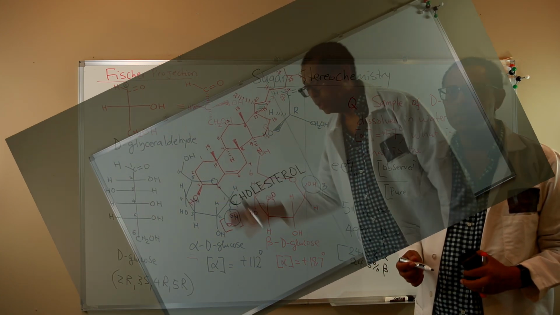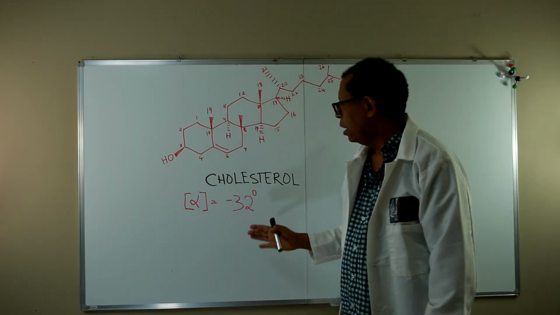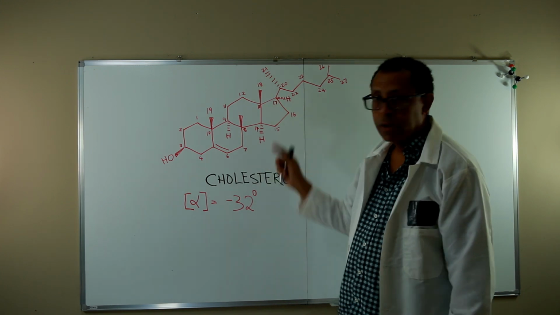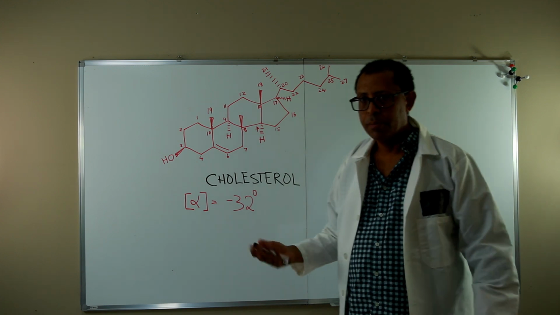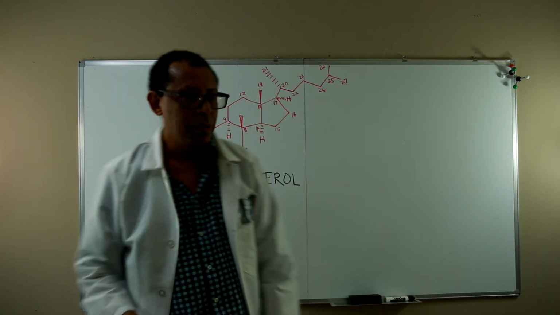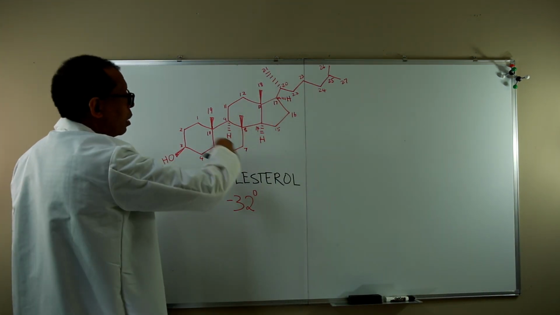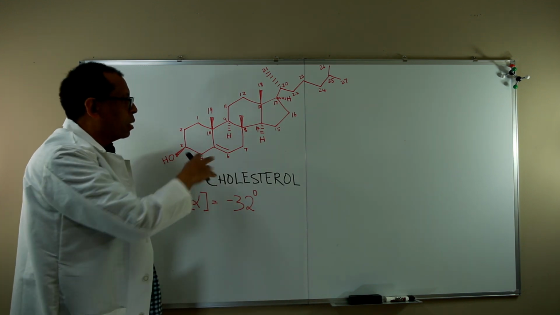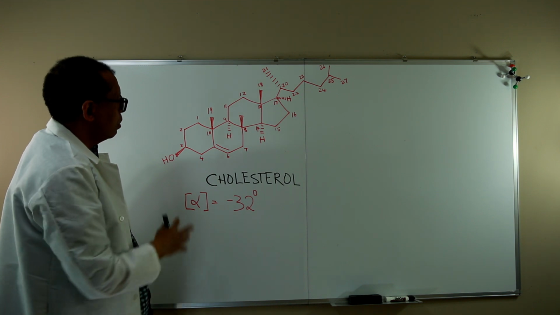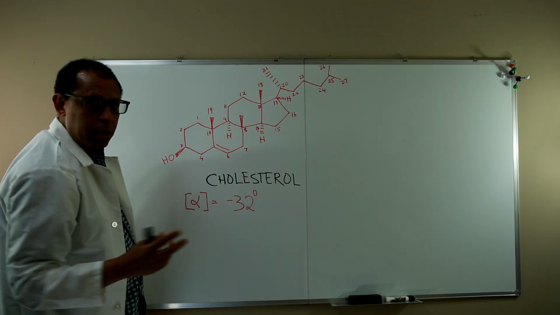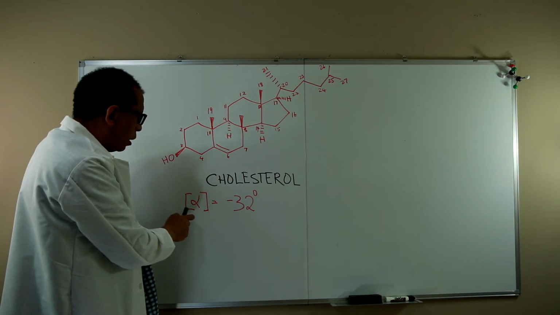One more biologically important molecule which has several stereogenic centers is called cholesterol. I'm sure most of you know. This is the chemical structure of cholesterol. It's a steroid, or a steroidal molecule with several stereogenic centers.